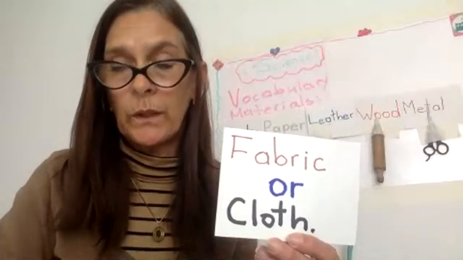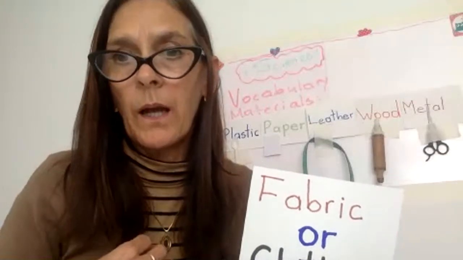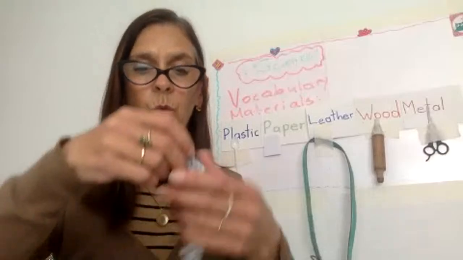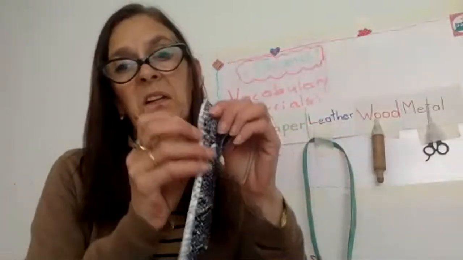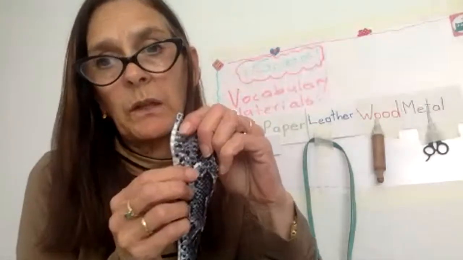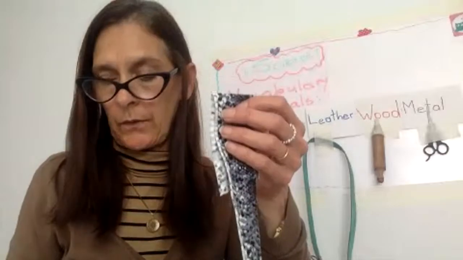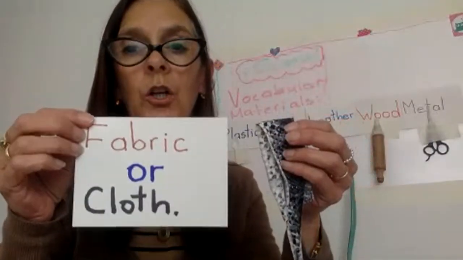This is what made our clothes. Like, for example, here I have one animal print that was from my daughter, that, you know, she's not living here in Colombia anymore. So here we have the word fabric or cloth.